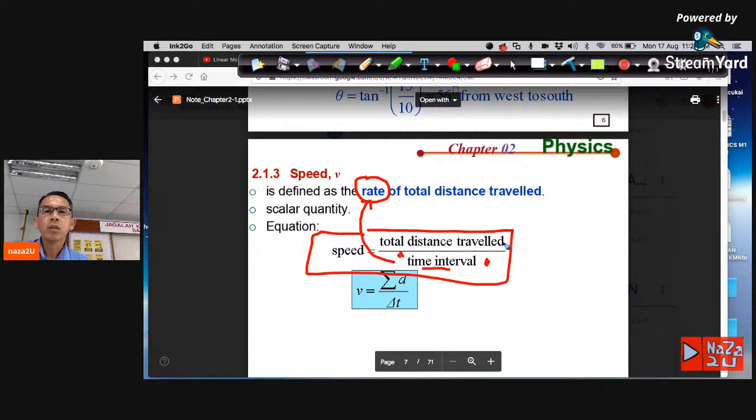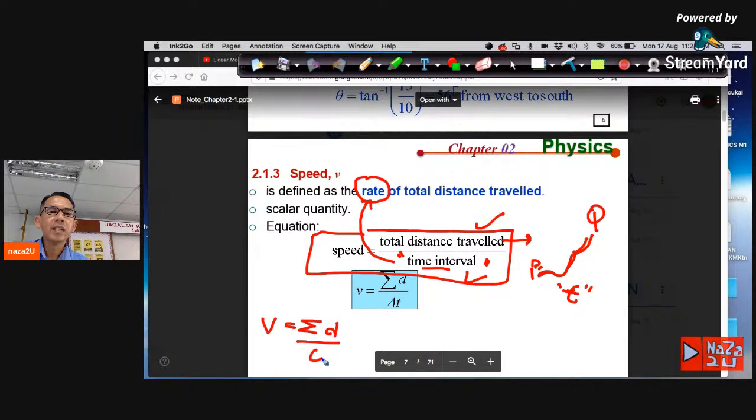So maksudnya total distance, let's say from P to Q, berapakah masa yang diambil, and you measure what is the time taken from P to Q. You must measure the length of the distance from P to Q, or total distance travelled divided by the time, or v is equal to, sigma here meaning total distance travelled divided by t. t is time. So this is how you can find the formula for the speed, right?